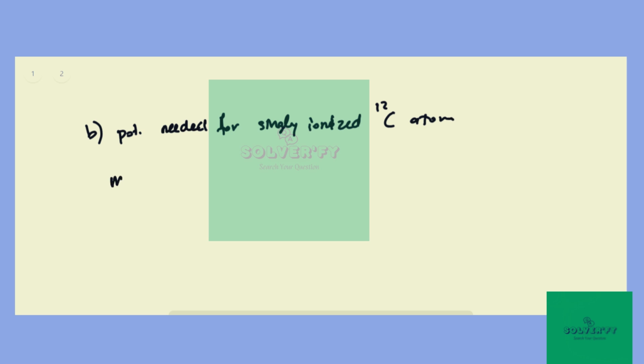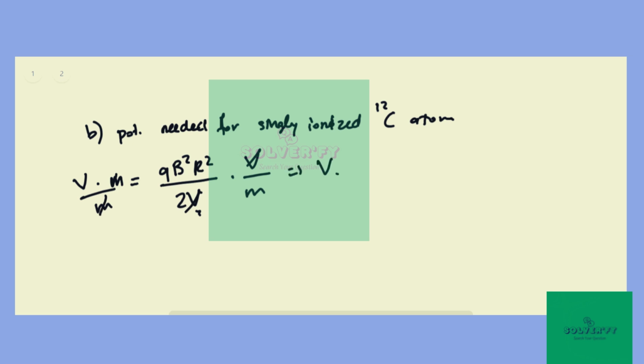So again, let's remember m equals q B squared r squared over 2V. Now we want the potential, so we're going to multiply both sides by V and divide both sides by m. These are going to cancel, these are going to cancel. So the potential is going to be equal to q B squared r squared over 2m.